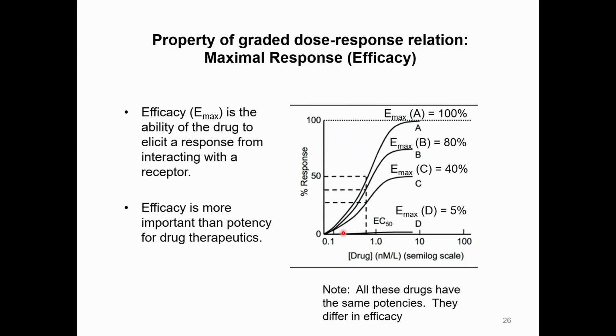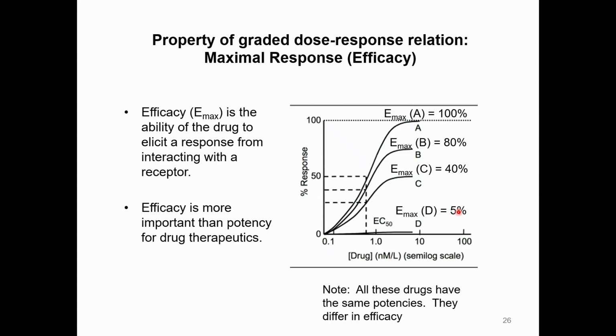So here are 4 different drugs called A, B, C, and D. A gets you all the way up to 100% response. B gets you up to 80%, and then when you add more, it just stays there. C gets you up to around 50, and D gets you only to about 5%.